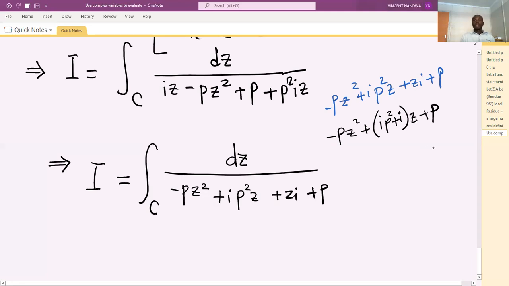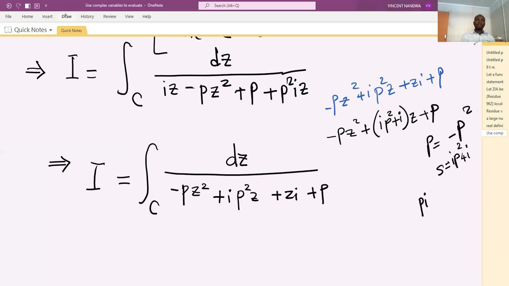So the product is minus p squared, the sum is ip squared plus i. So the numbers will be p i.